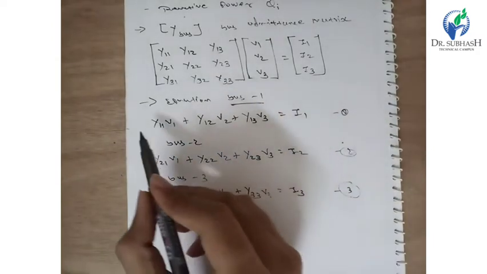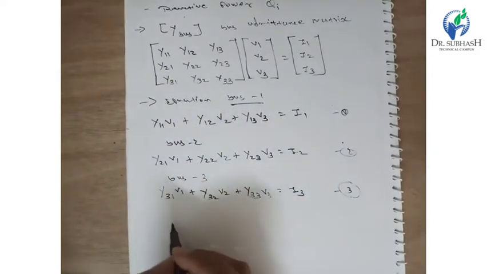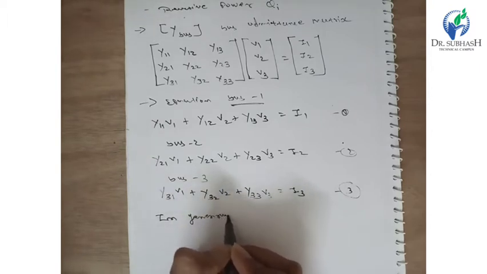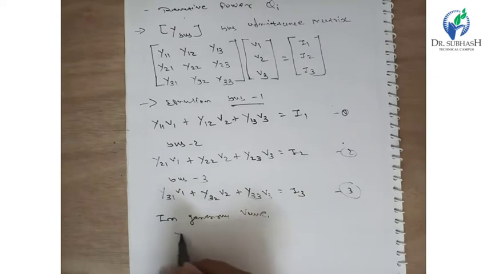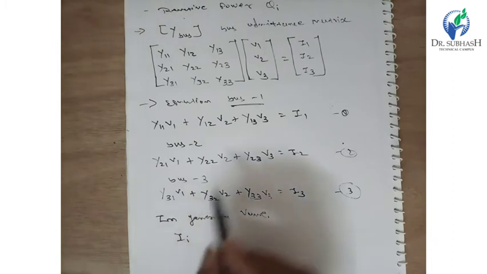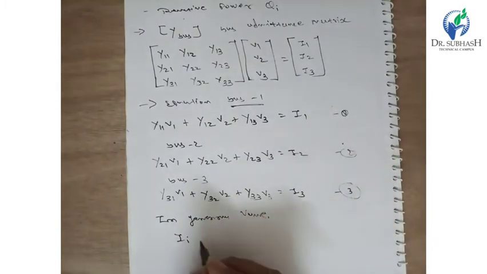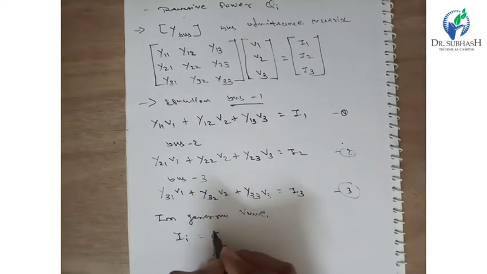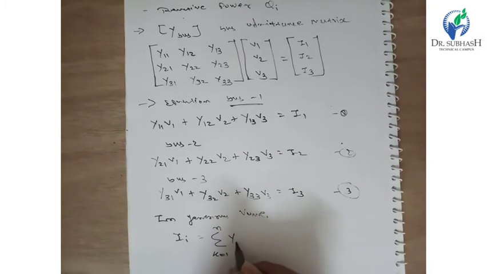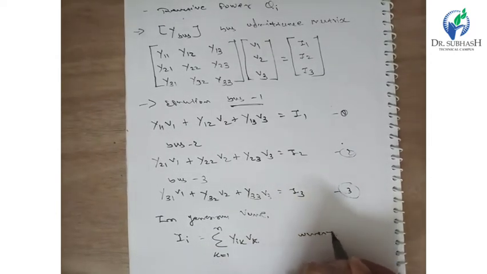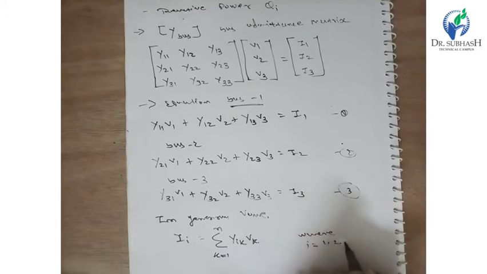I1, I2 and I3 are common, therefore the general value I suffix i, where i is 1, 2 or 3, is equal to sigma k equals 1 up to n of Y ik and V k, where i is equal to 1, 2 up to n.